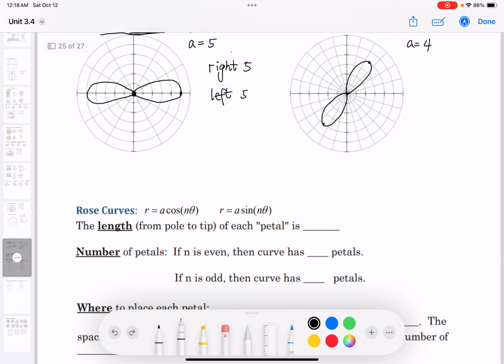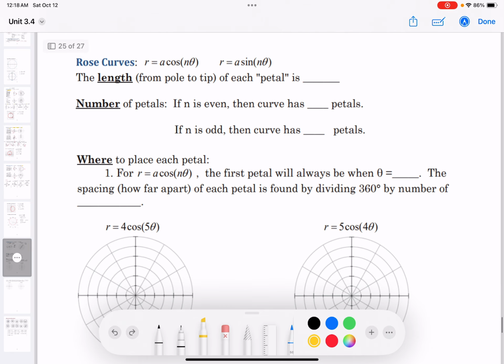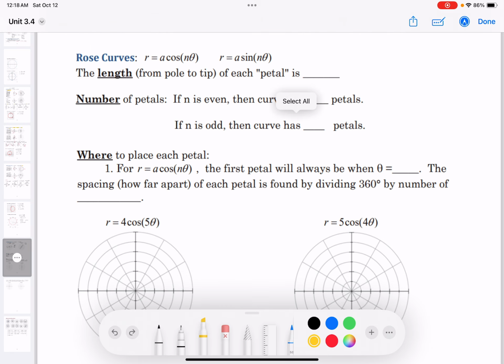And now, also the difference is here it is r squared. But now r is the first power, and inside the parentheses we have n theta, we are going to have the flower shape, or we say the rose curves.